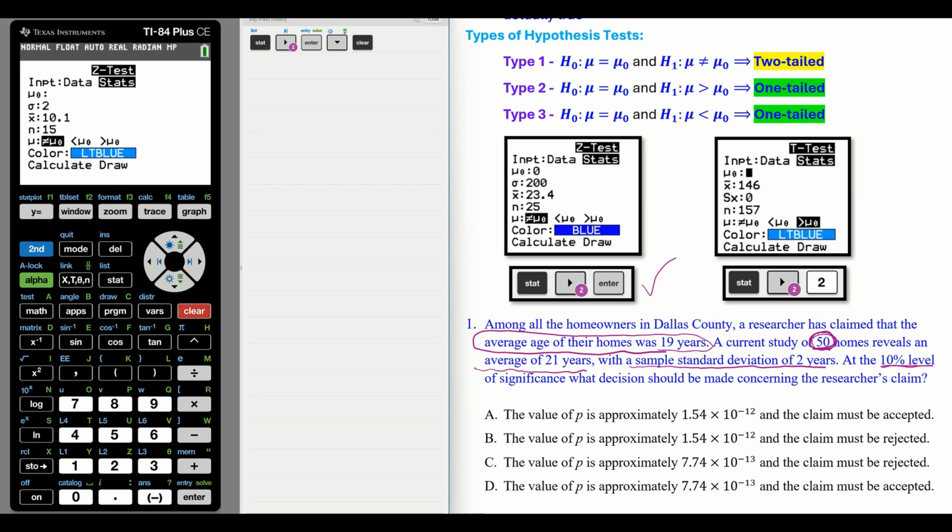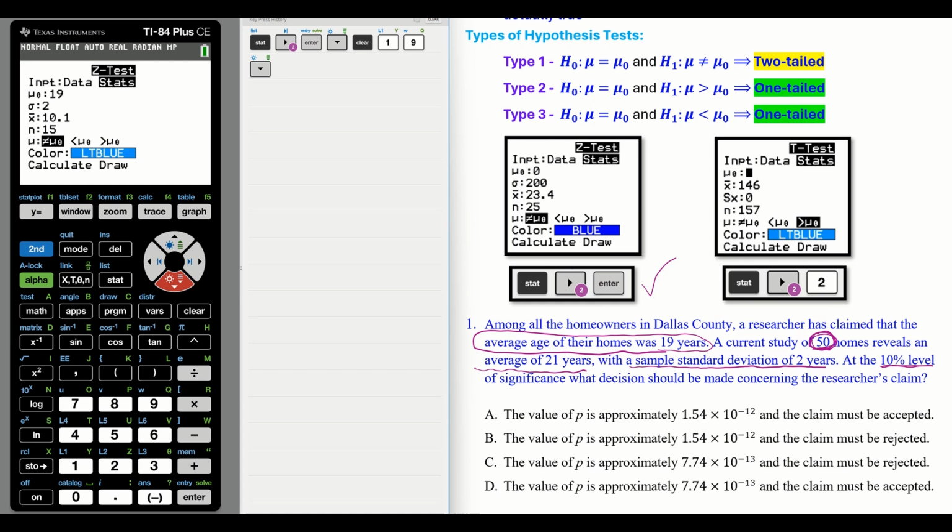So our mu naught means original. If you know anything about mathematics, as far as going on past just your first few years in college, you know that you have a starting value, your naught, that little index of 0. So our starting value is our claim of 19. They're saying, hey, this is our start.